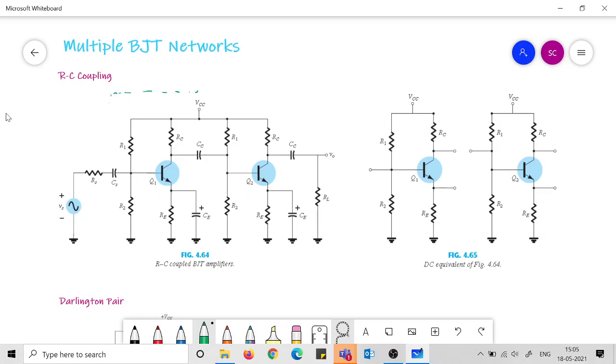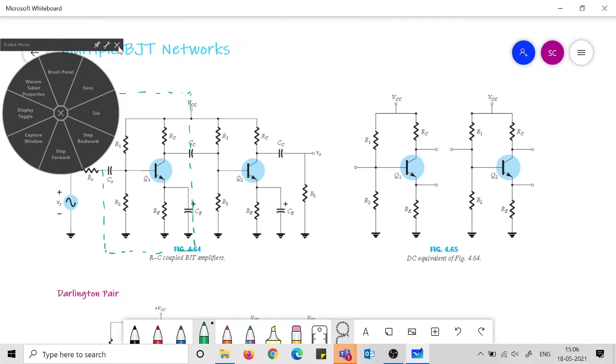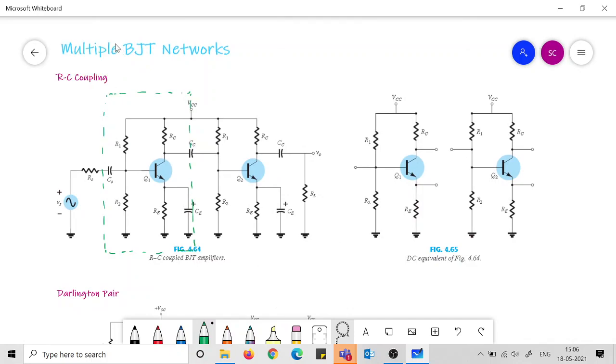So there is this voltage divider network here, and one more is here. So two voltage divider networks are side by side, and they can be supplied with the same voltage source VCC.